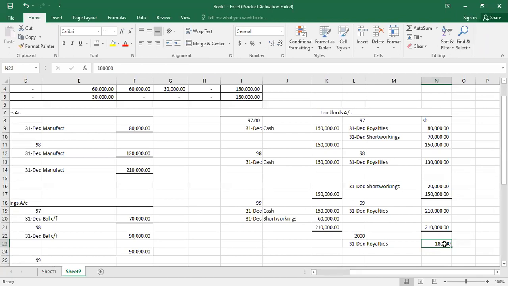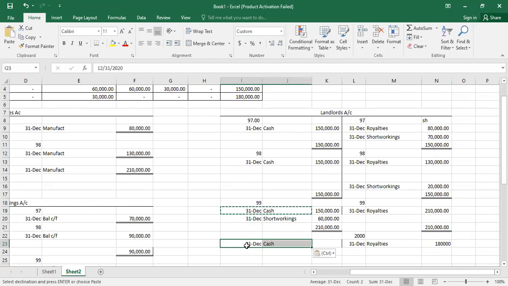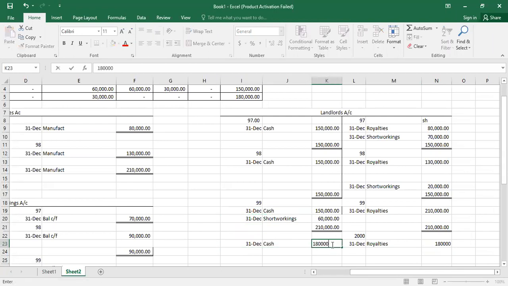We don't have. So you close this with the cash book. So you are paying the landlord this amount, 180,000 for the year 2000.